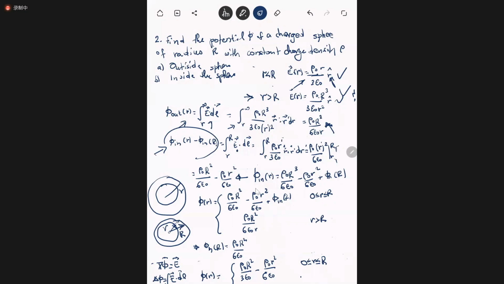So if we equate those two expressions, we find that phi in at R is given by this. For those two expressions to be compatible, when small r equals capital R, phi in at R has to be equal to this. And if we substitute this value, we end up with this expression. And that's pretty much the end of the problem.